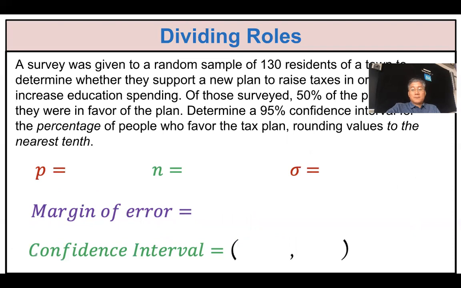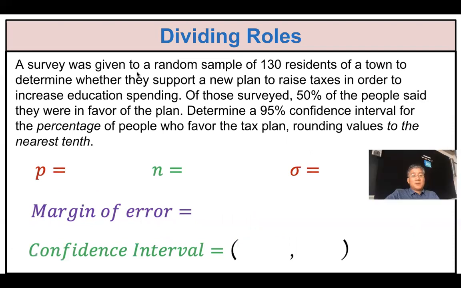Let's see one more example. Everything is the same. A survey was given to a sample of 130 to determine whether they support a new plan to raise taxes in order to increase education spending. Of those surveyed, 50% of the people said they were in favor of the plan. What is the probability proportion? 50%, 0.5, right?